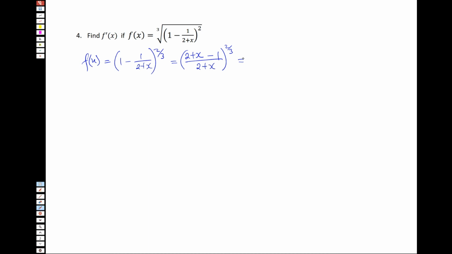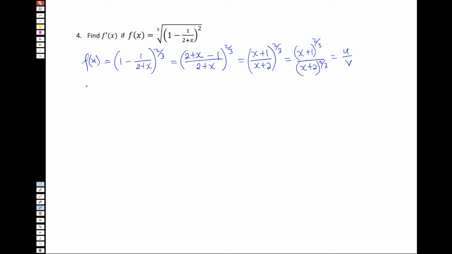And then just simplify the resulting expression, which will be x plus 1 over x plus 2, to the power 2 over 3. And this will be x plus 1 to the power 2 over 3 over x plus 2 to the power 2 over 3. Then I'll choose this to be my u and this to be my v, and then apply the quotient rule.